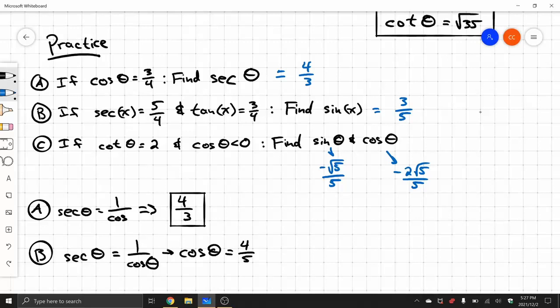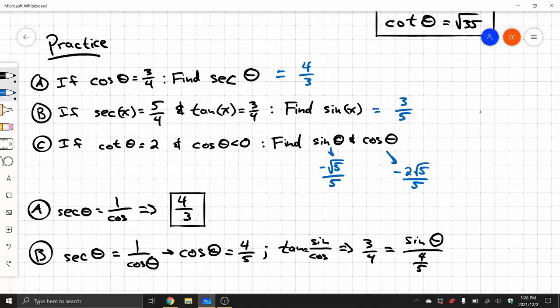Okay, and then I'm going to say, well, my tangent is just sine over cosine. And I know that my tangent is equal to 3/4. It's going to be equal to sine theta, or sine of x, over, I'll keep going with theta, over my cosine of 4/5.